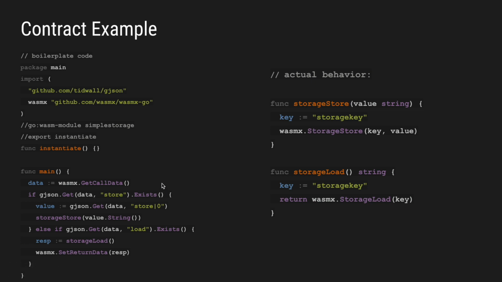The input data, or call data, is a JSON string that you get by calling WasmX getCallData, and you will see this soon. The input data tells you what internal function we want to call.